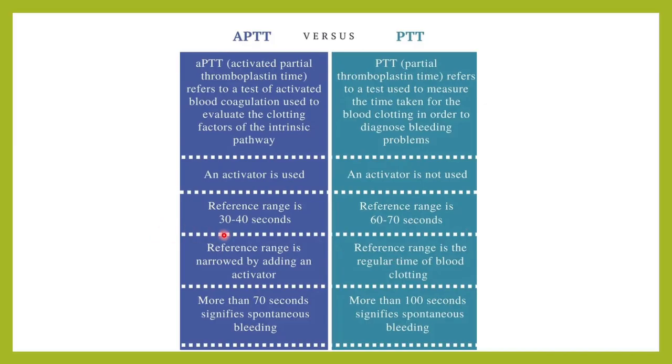Okay. So here it is narrowed because we have used an activator, and here it is the regular time which we are taking for blood clotting. So if it is more than 70 seconds, then it is critical, and if it is more than 100 seconds for PTT, then it is critical. So that is the difference between APTT, activated partial thromboplastin time, and partial thromboplastin time.